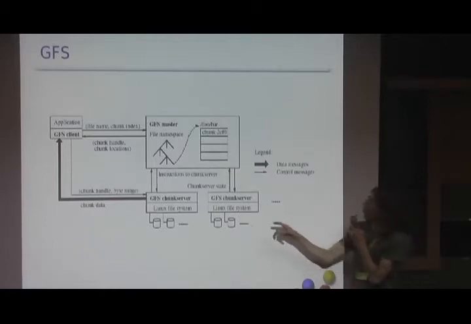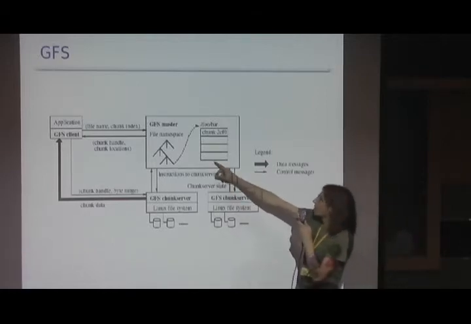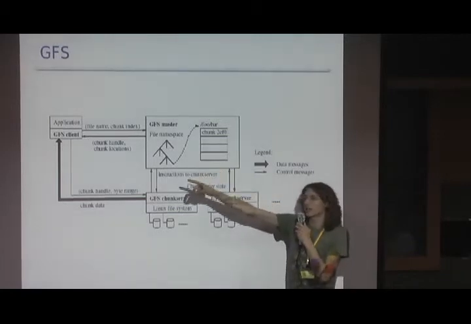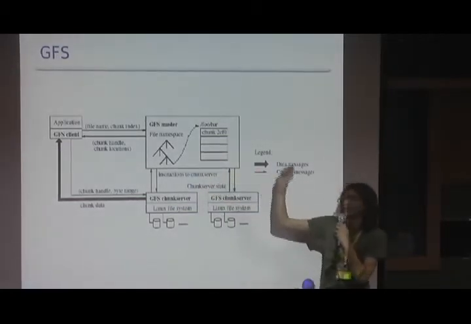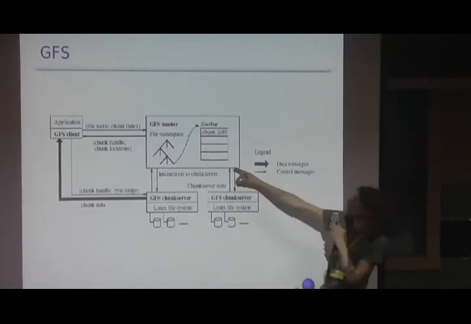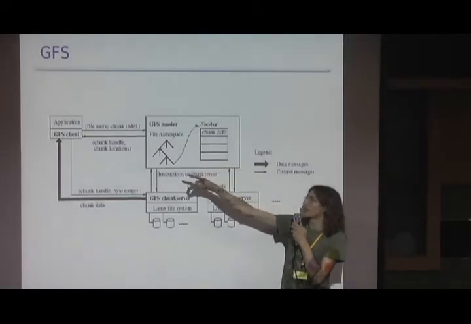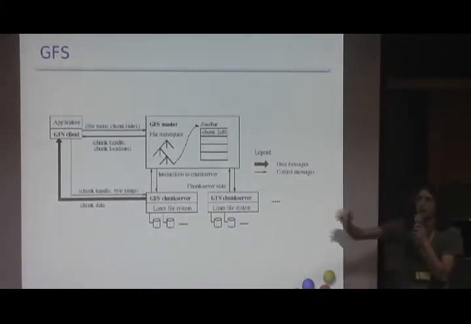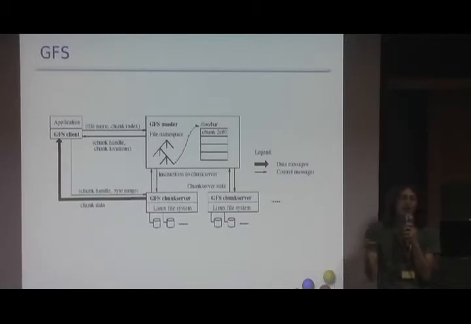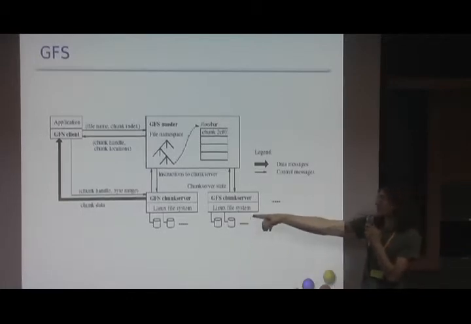What's also really cool about this system is that when a client tries to read something off of the file system, the client says, I want to read this file. Where is it? The master gives the client the information it needs to talk directly to the chunk servers. The master is really not involved except giving the client enough information to access these nodes directly.